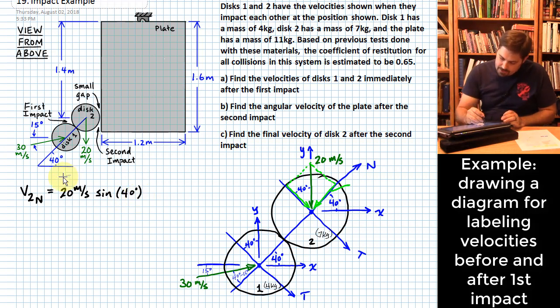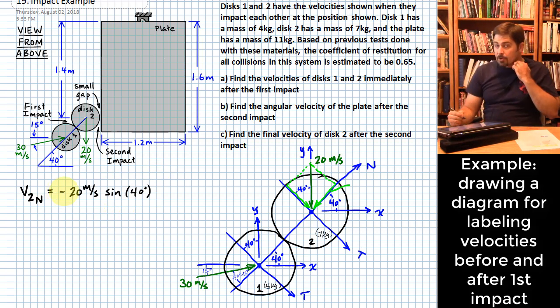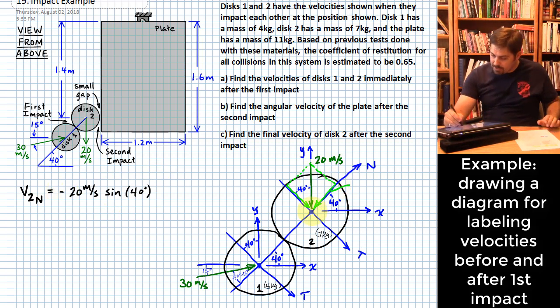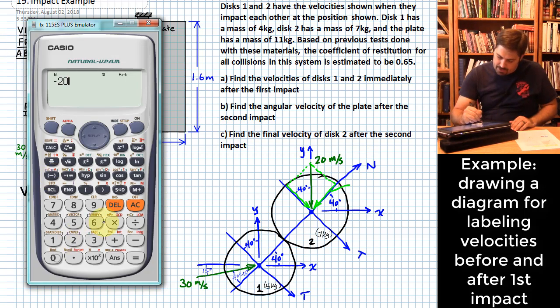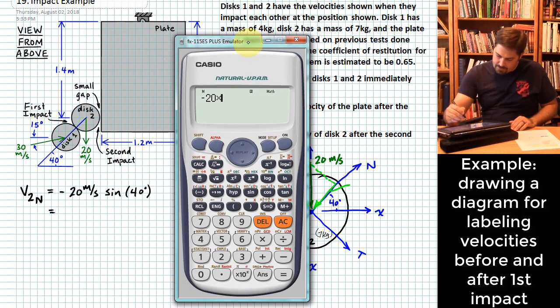Notice that that component is actually pointed in the negative normal, the opposite direction of the direction I assigned as positive. So I'll call that a negative value. Let me punch that in. So I've got minus 20 times the sine of 40 degrees.